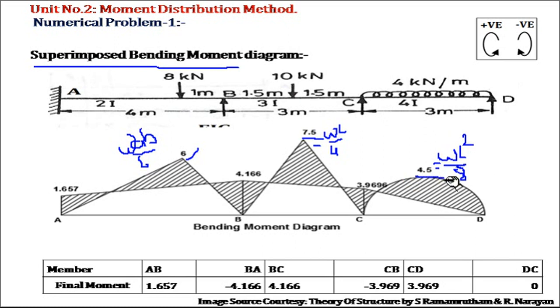So this value comes to be equal to 4.5. As it is loaded by a uniformly distributed load, you have to join this by a second degree curve. For a point load you show a straight line. So this is the superimposed bending moment diagram for the member ABCD.